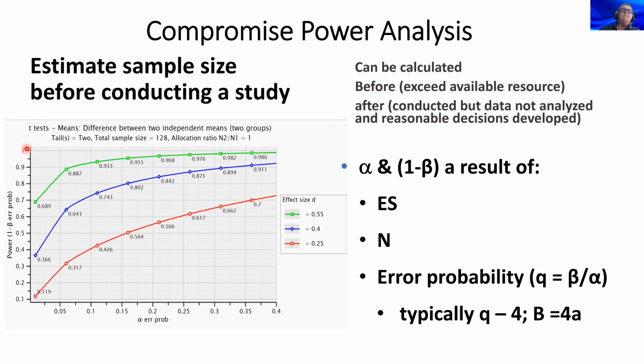And I just put a graph here from G-power. As we consider what's happening with power, and power are the numbers inside these plots, we see the different effect sizes: 0.25, 0.4, and then 0.55. If we consider what's happening with this low effect size, it's not going to work. And we still have insufficient power with an effect size of 0.4.